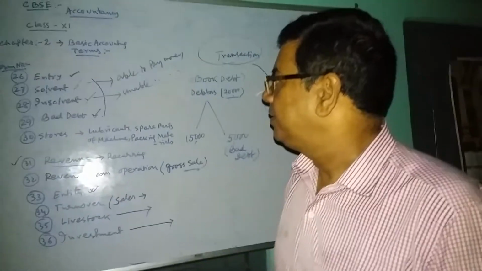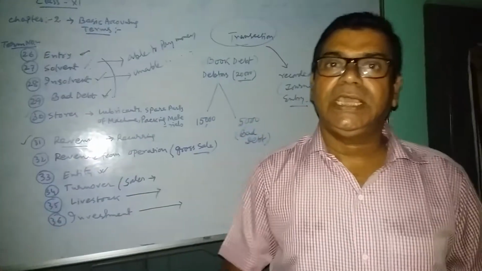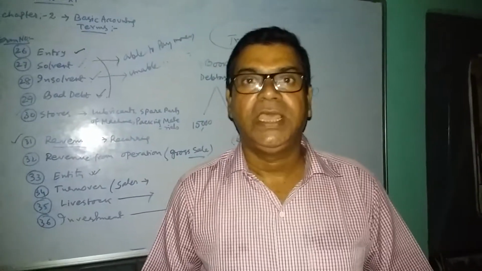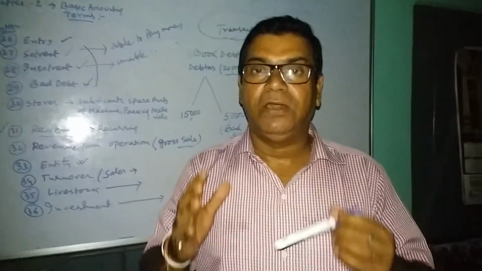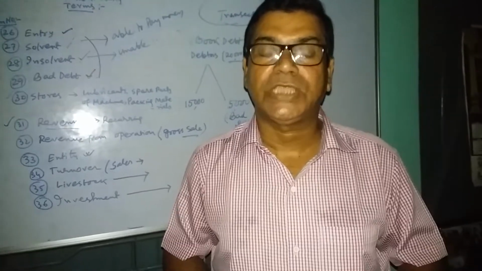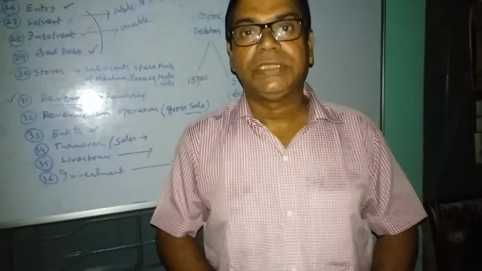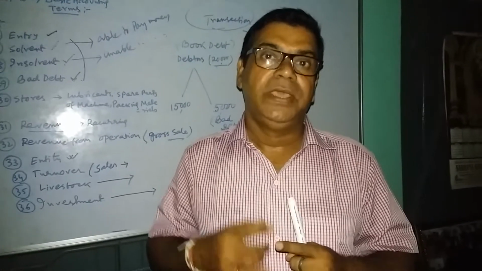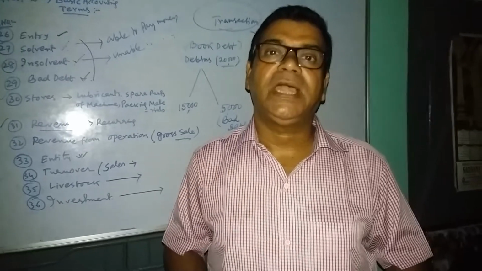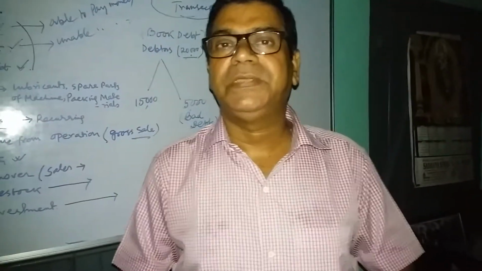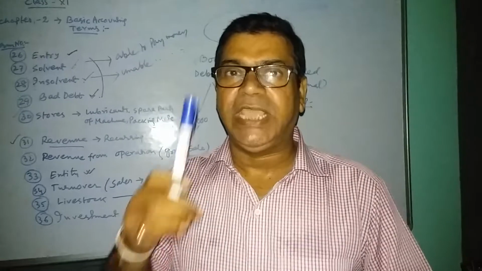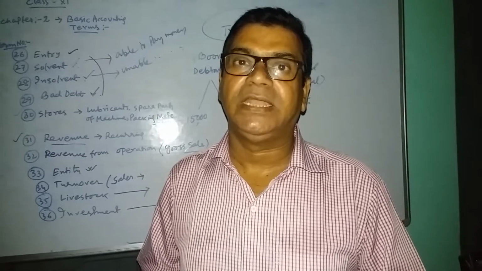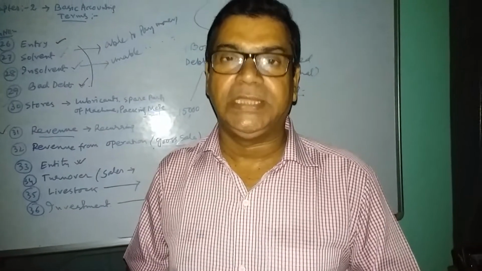So this much for this episode, and entirely I have discussed this second chapter, very crucial chapter for the field of the accountancy, and all over 36 terms I have discussed in 6 episodes. So please, if anyone likes to prepare himself or herself as an example of the masterpiece of the accountancy subject, he or she has to know these items, meanings, otherwise they cannot make the properly the accountancy.